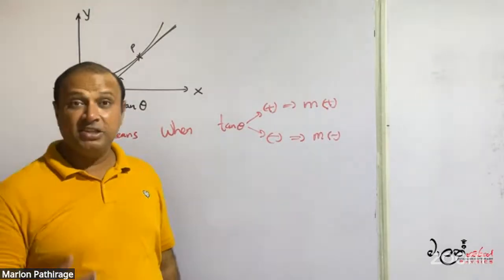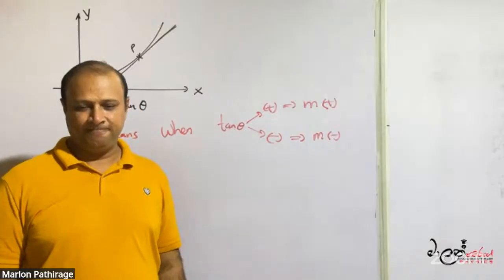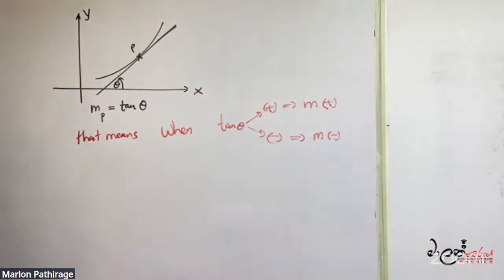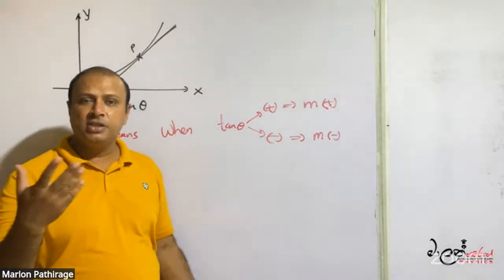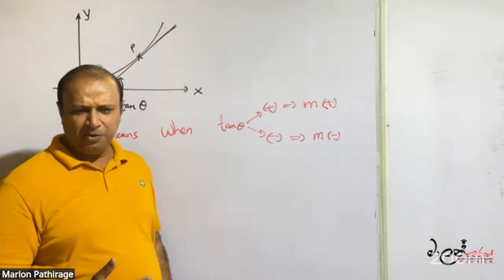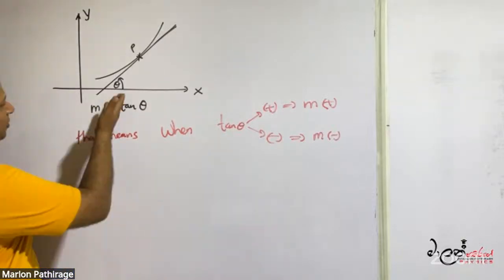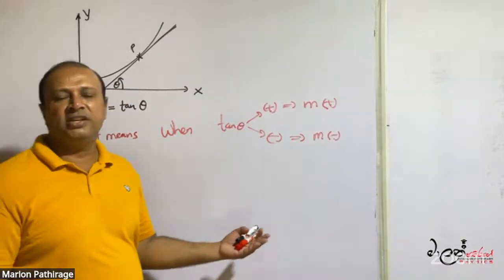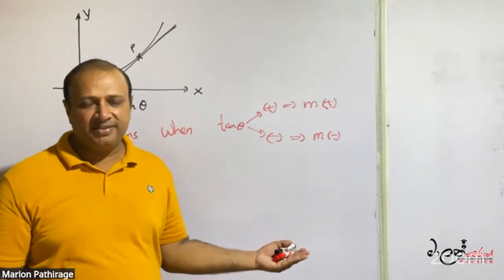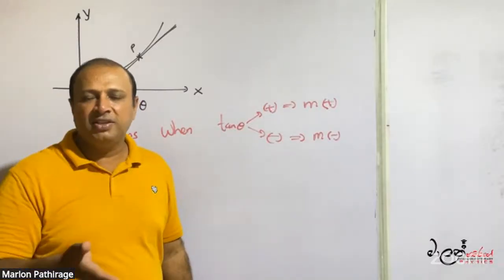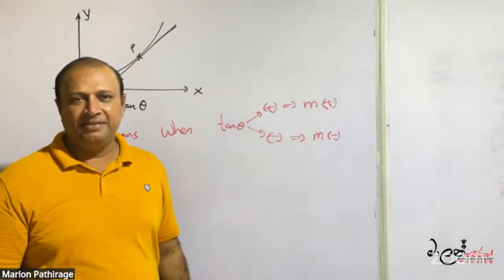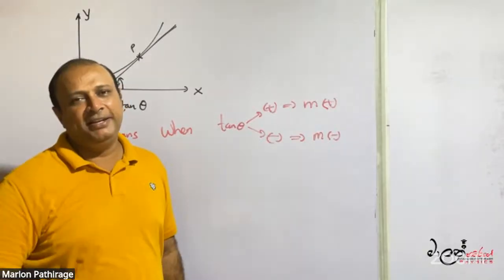What is the range of theta? Yes, very good. The range is 0 to 180, because this is the angle between two straight lines. The angle between two straight lines is in between 0 to 180.